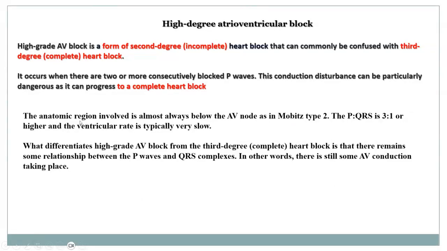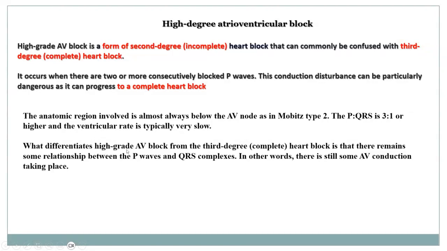The anatomic region involved is almost always below the atrioventricular node, as in Mobitz type 2. So it is the bundle of His or Purkinje fibers, and the P to QRS ratio is 3 to 1 or higher, like 3 P's and then 1 QRS, and so on. The ventricular rate is typically very slow.